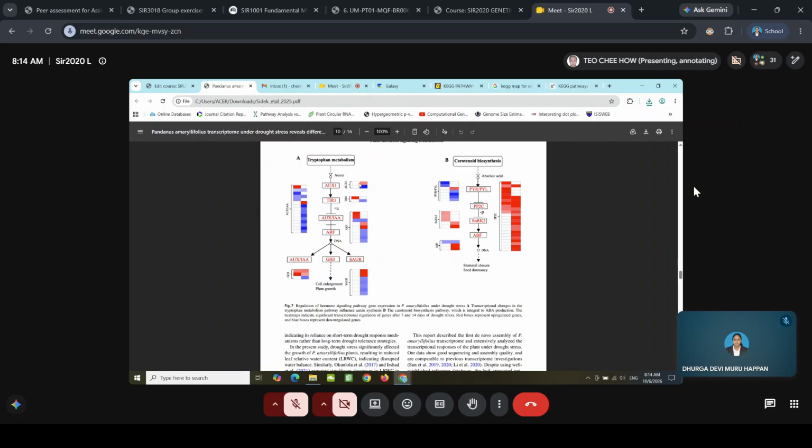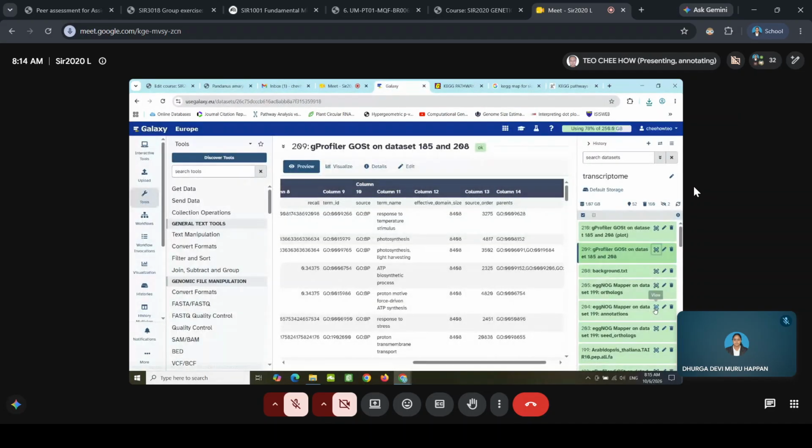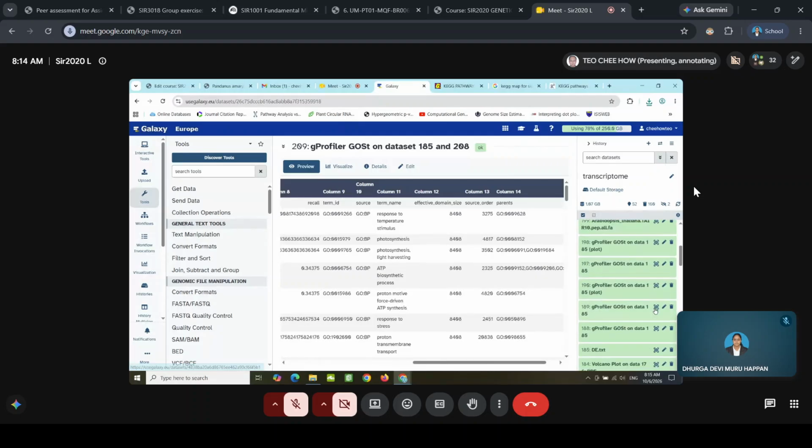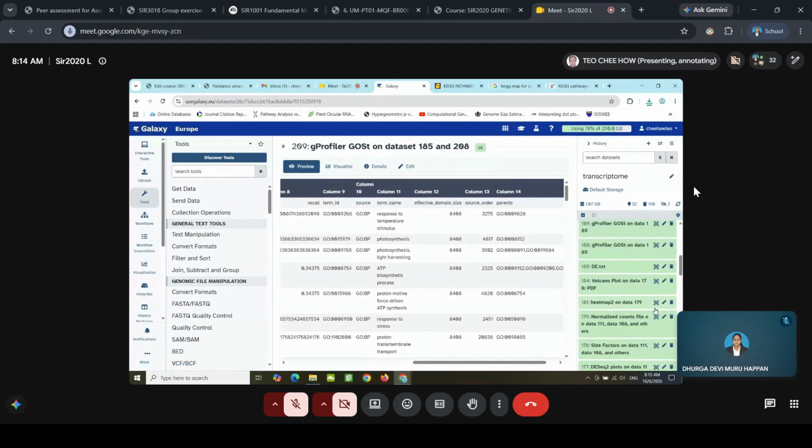So what are those color boxes here? Those represent the matrix heat map that you saw yesterday. So the one that you saw in the heat map. Yeah, this one.